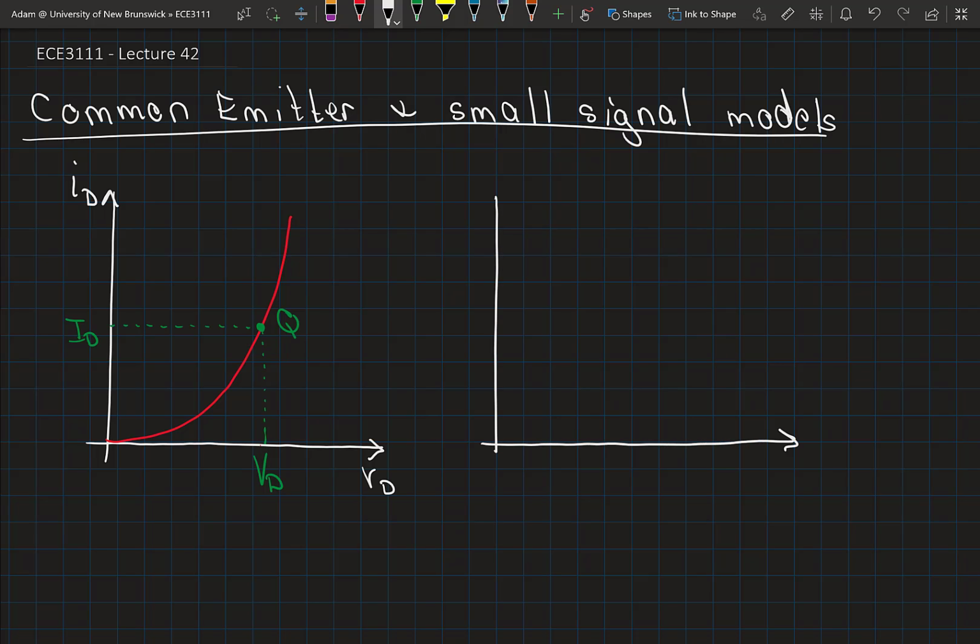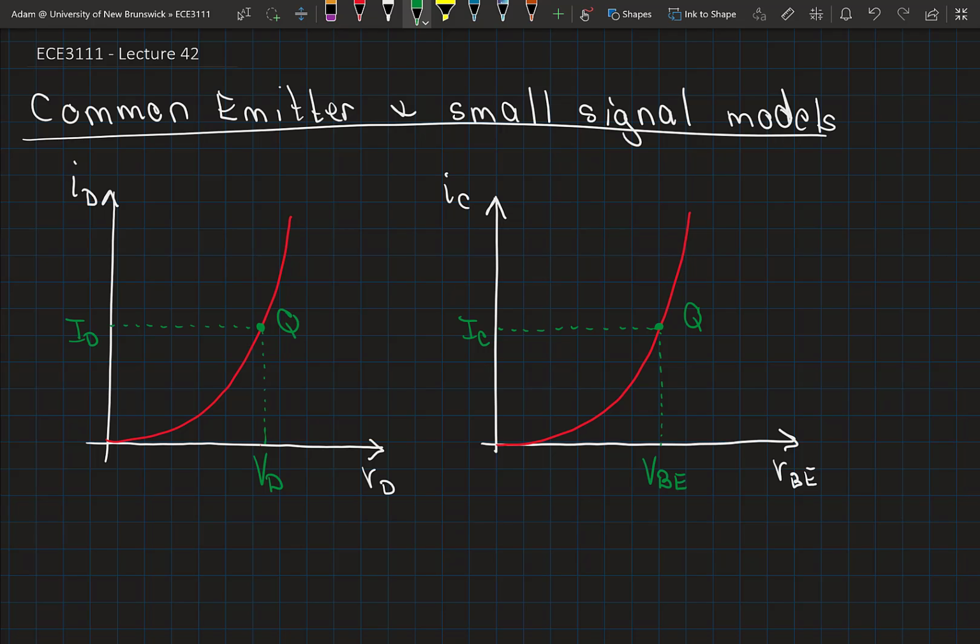Well, the same concept applies to BJTs. Through the application of a base to emitter voltage, we can bias the BJT to a specific operating point. Again, we will call that operating point Q, where there is a specific collector current for an applied base to emitter voltage.